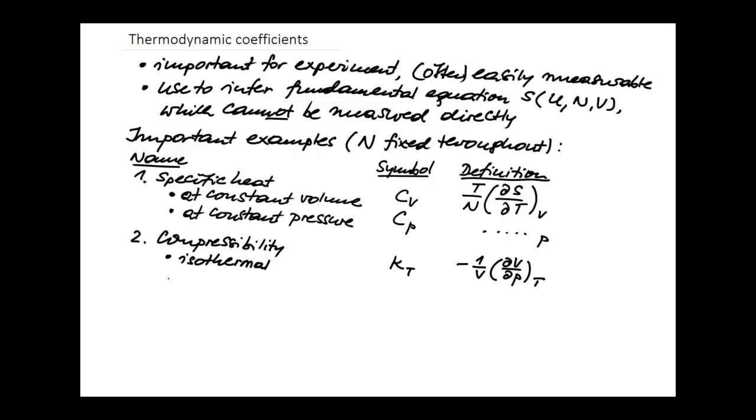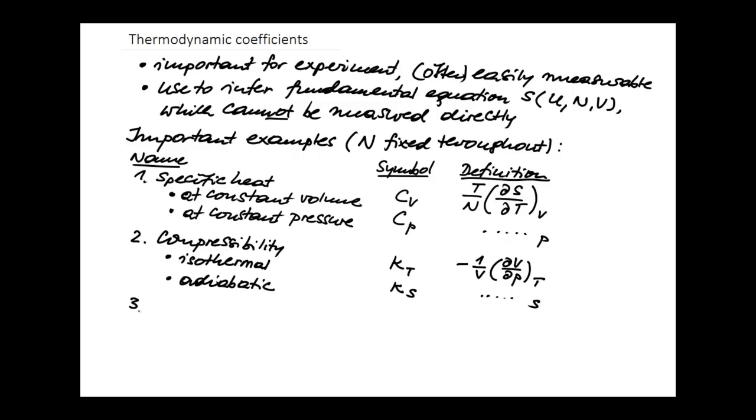There's also the adiabatic compressibility, denoted by kappa S, because in a quasi-static process, adiabaticity, so no heat exchange, is equivalent to keeping the entropy fixed. And this is the same definition, only that instead of the temperature, you keep the entropy fixed.